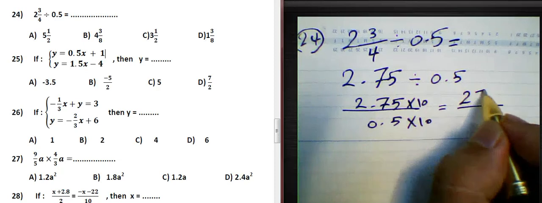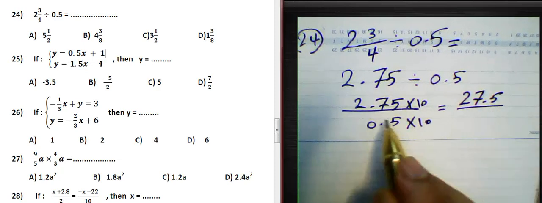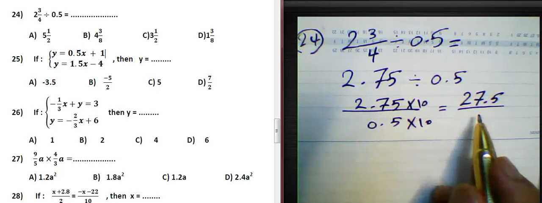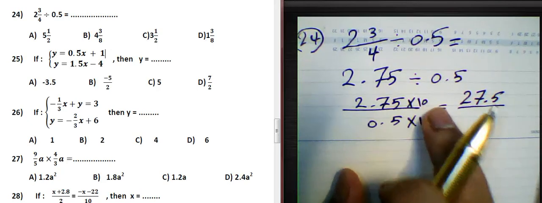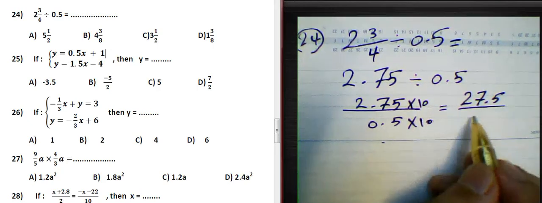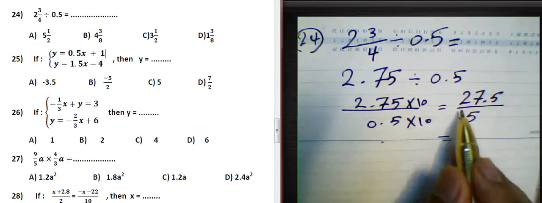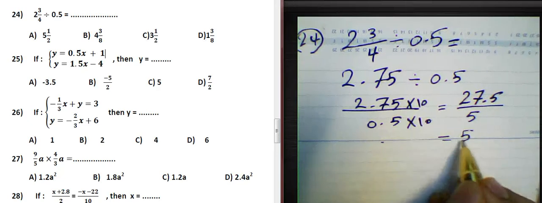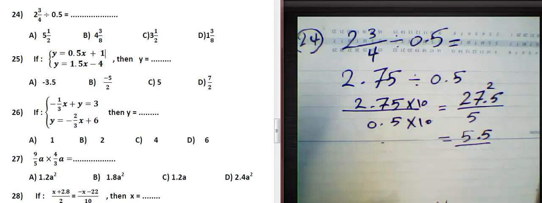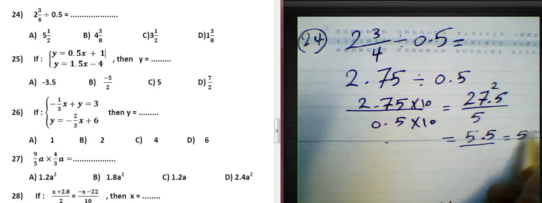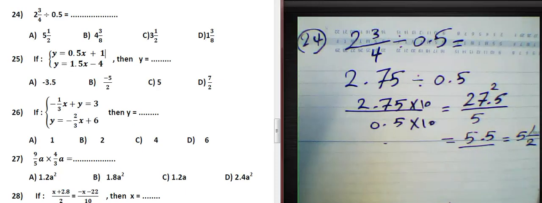So we can write 27.5. We must move the point from left hand side to right hand side by 1 digit, because we multiply by 10, and the denominator will be 5. We can find the result: 27 divided by 5 equals 5 and the remainder 2. We can write the point here, 25 divided by 5 equals 5, so the result will be 5.5. This is the result of this question.